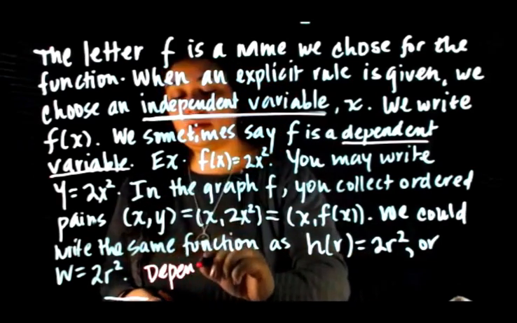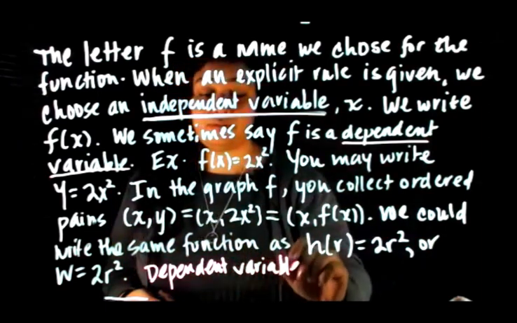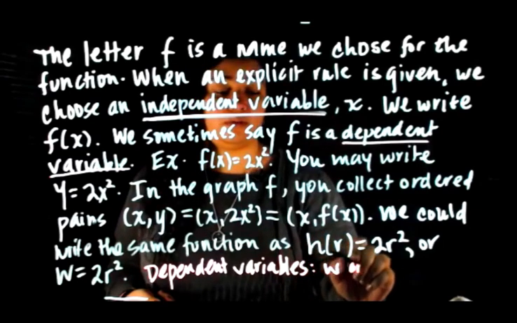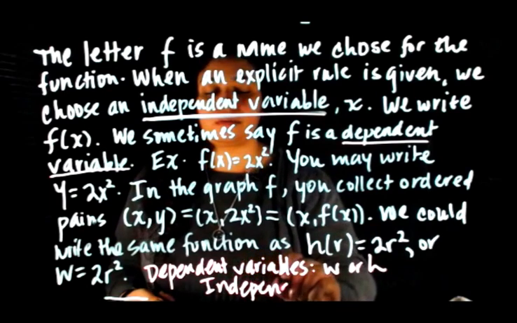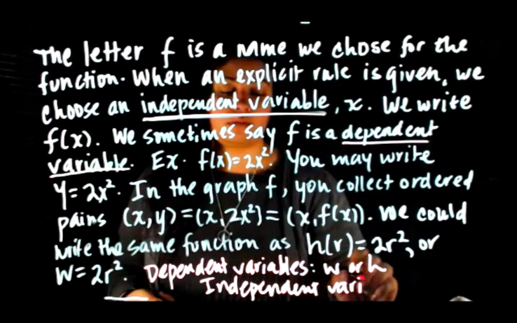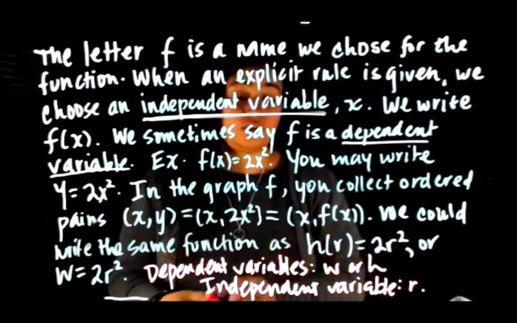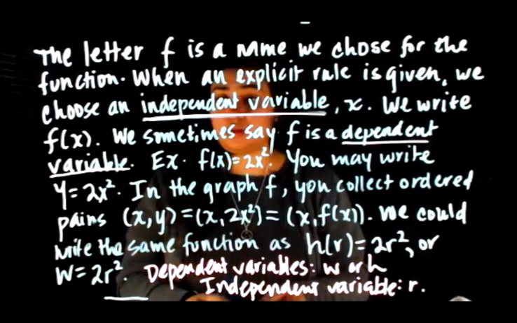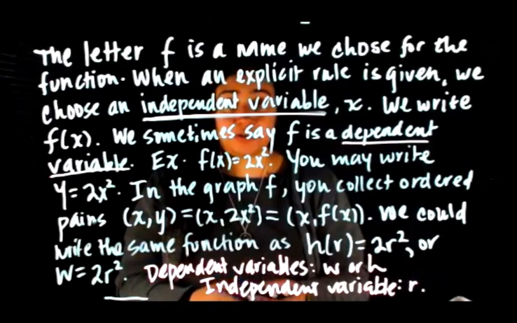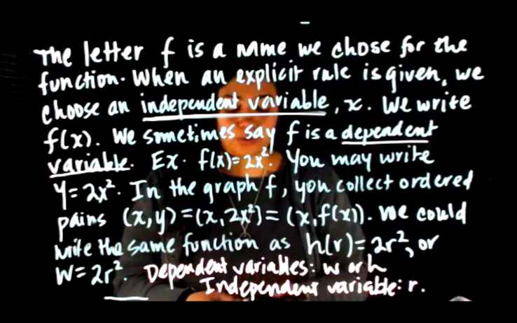Dependent variable, either w or h. Independent variable, definitely r. To me, these two functions, 2r squared and 2x squared, are the same function. The rule that defines them is the same rule. Simply the dependent variables and the independent variables have changed.